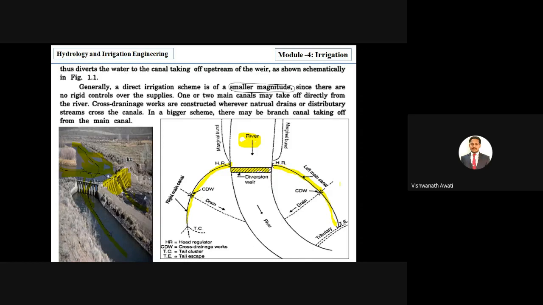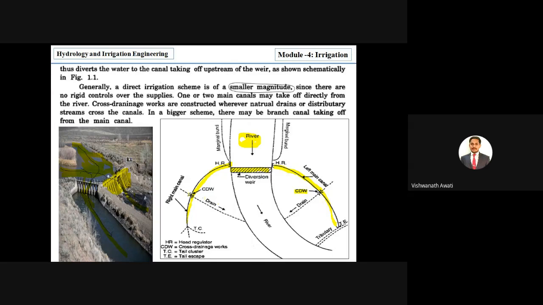And in between, if you require any drainage, then CDW, cross drainage work, is constructed across the canal, like an aqueduct, right? Because natural drainage is lower than the canal level, a bridge-like structure is constructed to avoid the water losses, right?